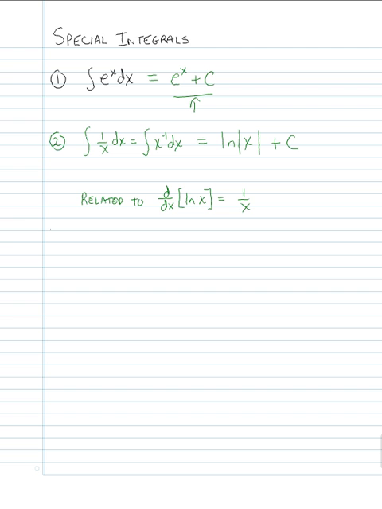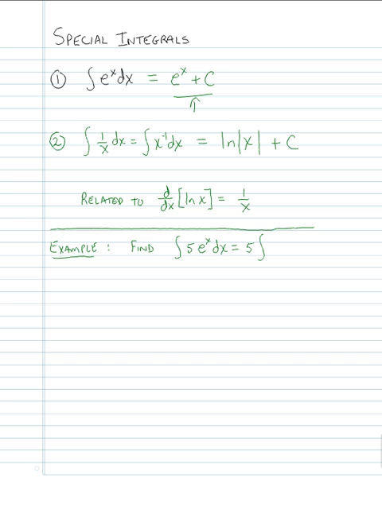Now, just real quickly, and real quickly is all we're doing here, a couple of examples. We might be asked to find the integral of, let's say, 5 times e to the power x with respect to x. And if we were asked to do that, we'd notice that factor of 5 in front of the e, and so we could factor that 5 out.